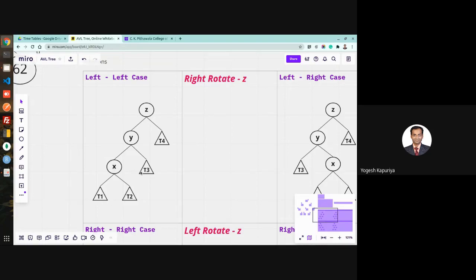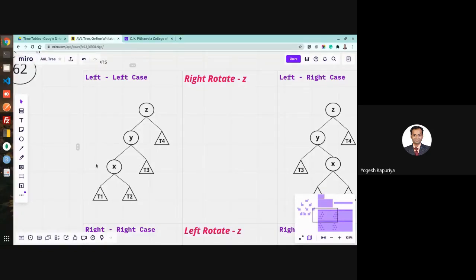This T1, T2, T3, and T4, they are subtrees actually. So that can be anything on the right of Z. It is not just a single node, so I've denoted it with the triangle. Triangle represents a subtree. It can be one node, no node, or multiple nodes, it can be anything. T3 is a subtree, T2 is a subtree, and T1 is also a subtree.